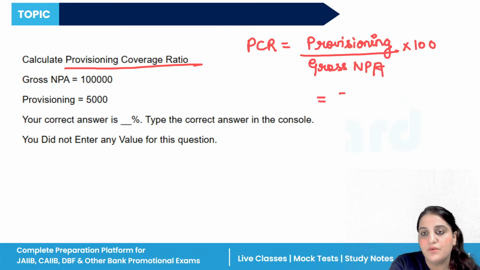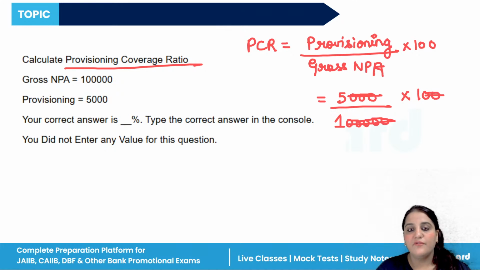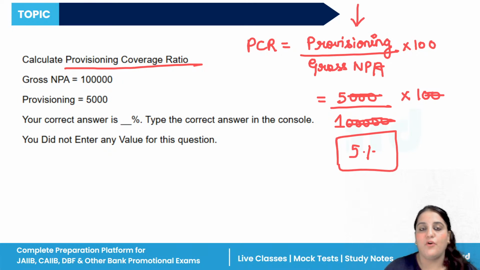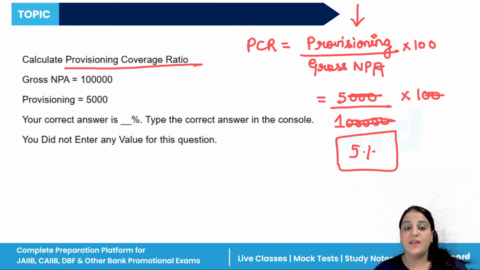So it is equal to 5,000 divided by 1 lakh, times 100. So the answer here is 5%. Simple. So the game is only up to this formula. Sometimes questions in your examination ask about the PCR.